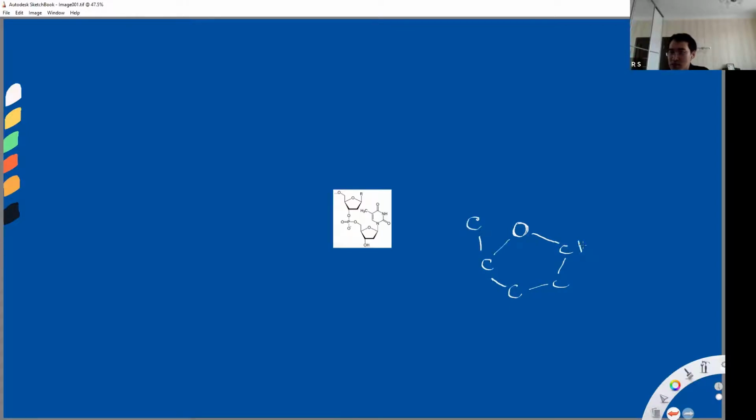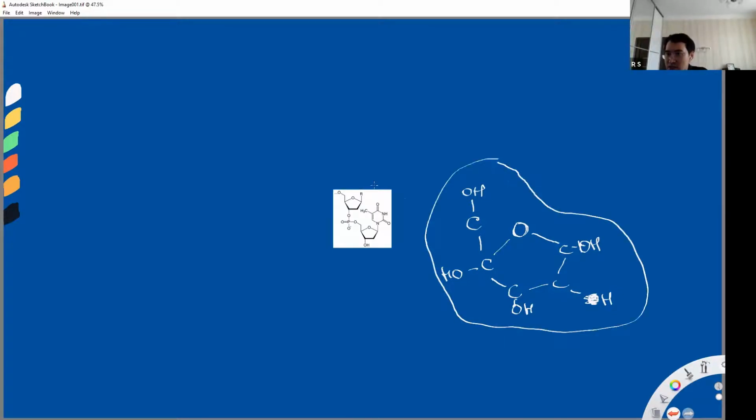And here you have OH, OH, OH, OH, and OH. So this is just a sugar, a cyclic sugar. Inside the molecule of DNA, it needs to bind in position 1.